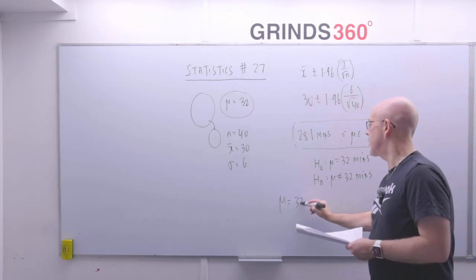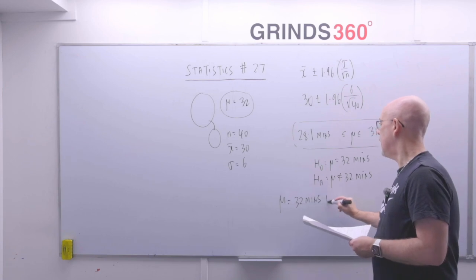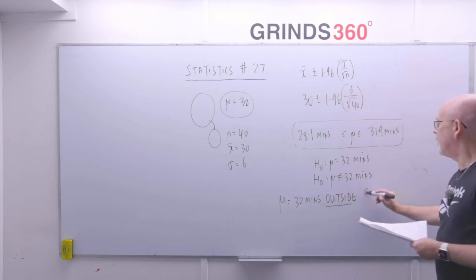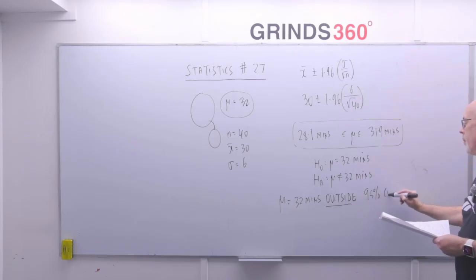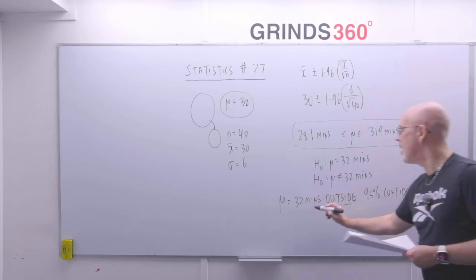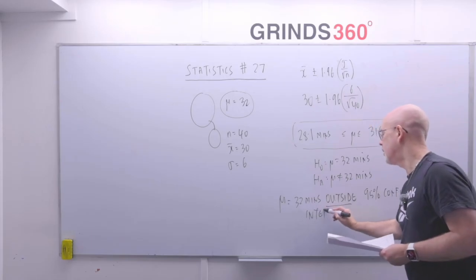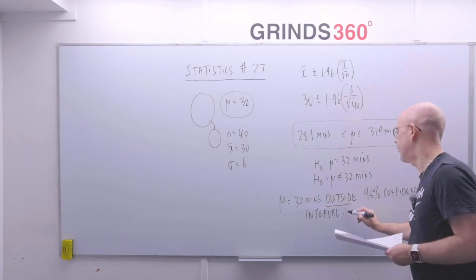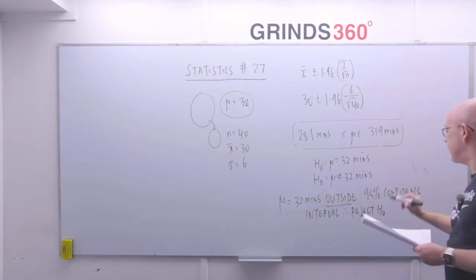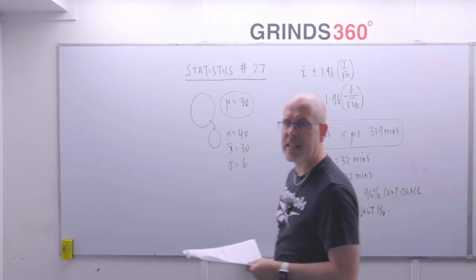So mu equal to 32 minutes is outside the 95% confidence interval. And remember, if it's outside your confidence interval, therefore you reject H0. So we reject H0.